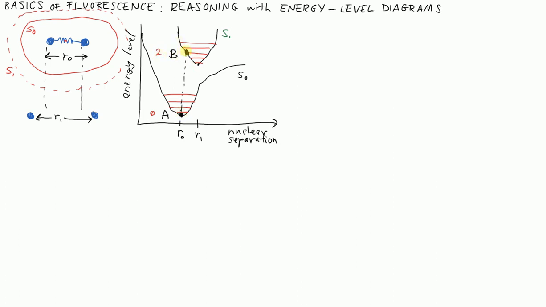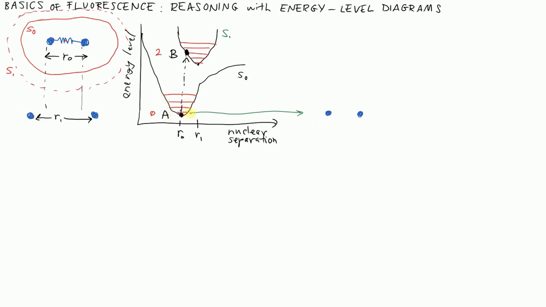So let's defend that statement, because this is really the point of this tutorial: to understand why we would draw the energy diagram that way and what reasoning we can extract from it. So let's draw an arrow over to here and talk about what that motion looks like. Well, I'm going to draw two atoms. I'll give you an atom here and another atom here. The meaning of a diagram like this is that it's a very low energy vibration, very low amplitude.